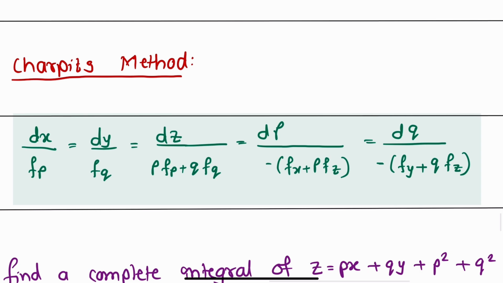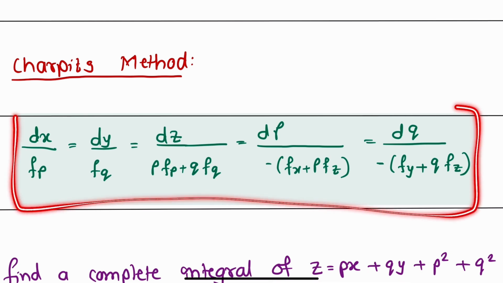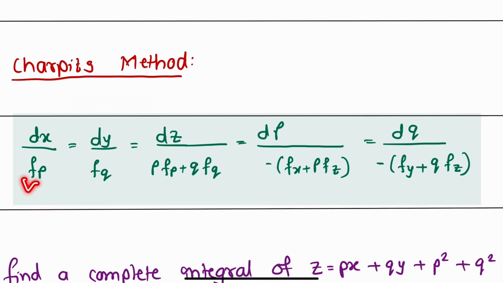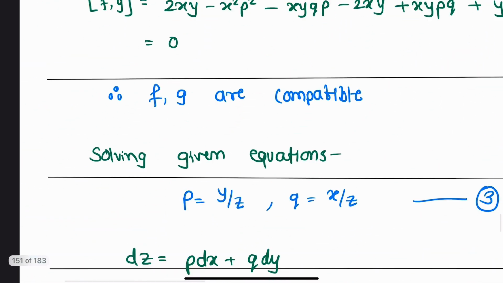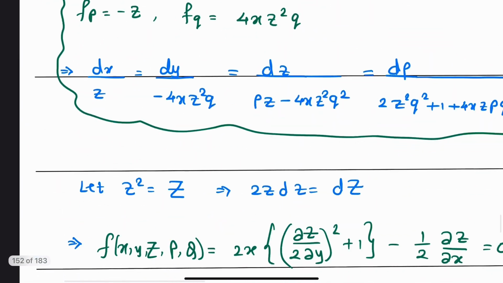We will have to put those values here, of fp, fq, p fp plus q fq. Once you put them in, this is what you will get.